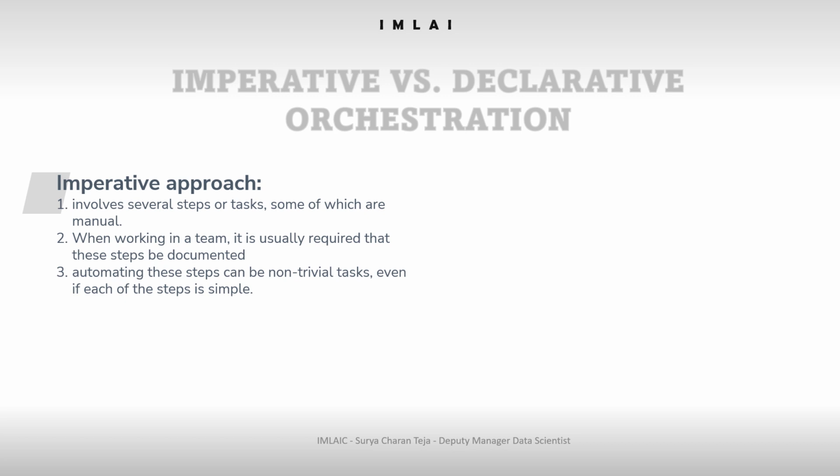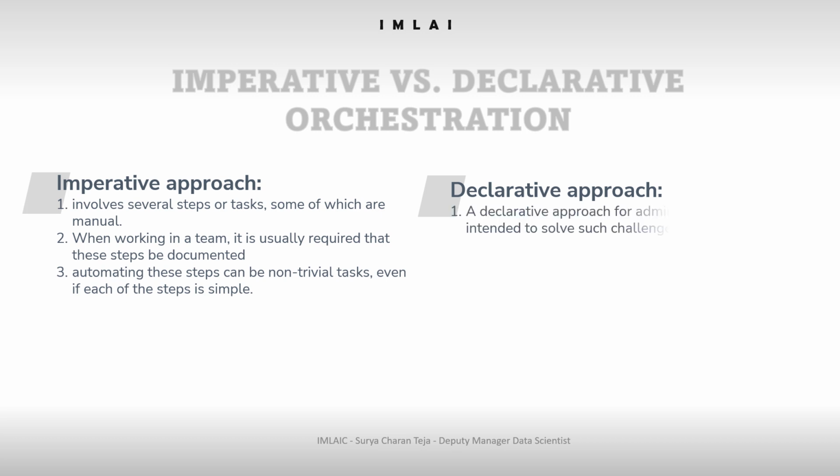And the second approach that we have here is a declarative approach. A declarative approach for administrative tasks is intended to solve such challenges. With a declarative approach, an administrator defines a target state for a system, for example an application, server, or cluster.